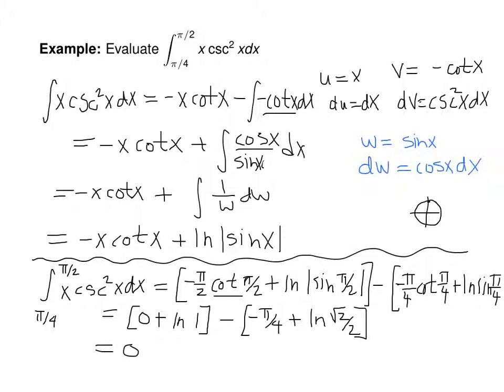It isn't a very pretty answer, but the area under this curve is actually equal to that negative will distribute right here, and we'll have positive pi quarters minus ln of root 2 over 2, whatever that might be.